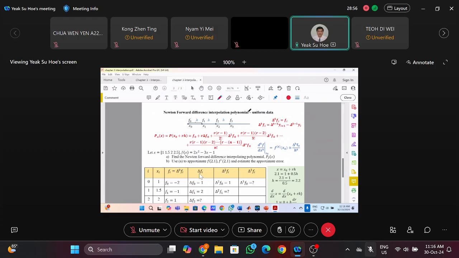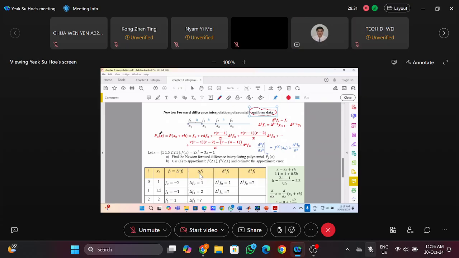I want to highlight here: uniform. If the question is open, you can use any method, but if the data is non-uniform, then you cannot use forward difference, because forward difference requires uniform data. If the x values have different increments, we call it non-uniform data, and then you cannot use Newton forward, but you can use Lagrange or Newton divided.